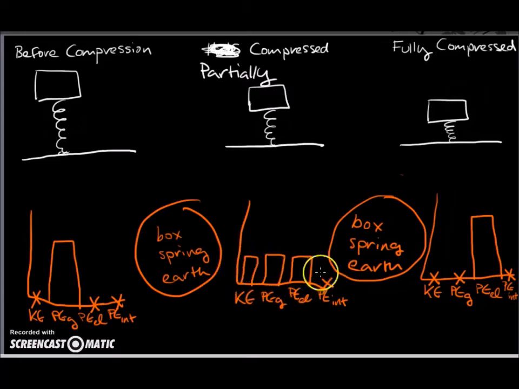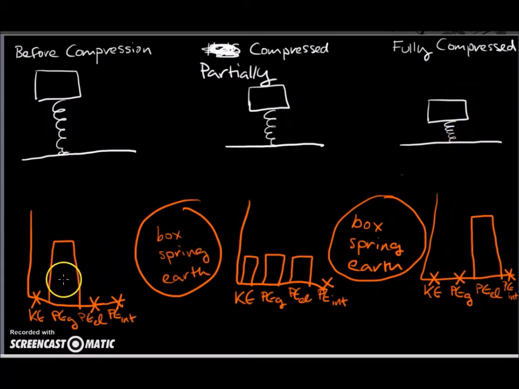So all three of these categories, kinetic energy, potential energy of gravity, and elastic potential energy, when you add them together are going to be equal to the gravitational potential energy before the spring is compressed, or the elastic potential energy once the spring is fully compressed.